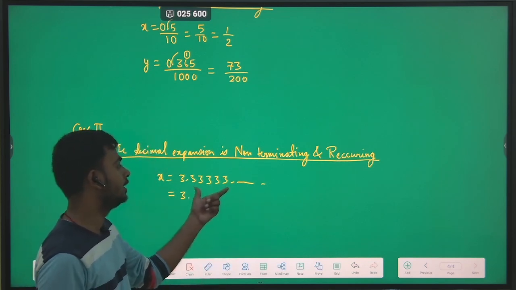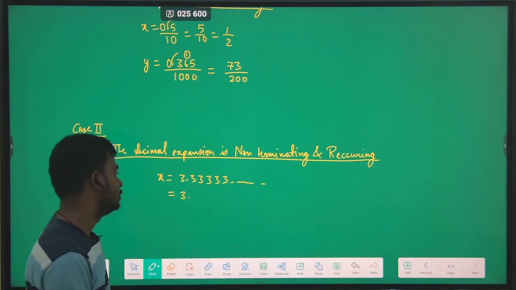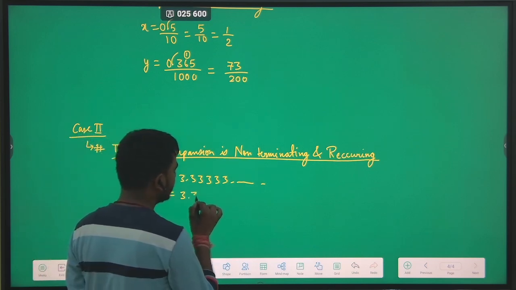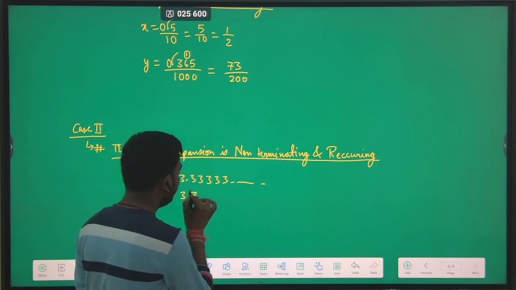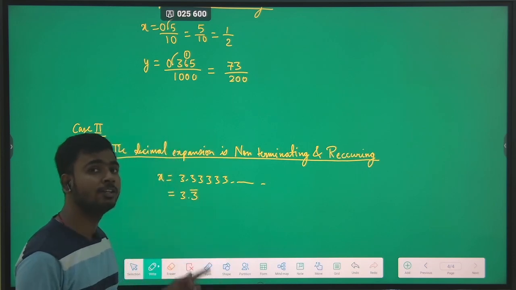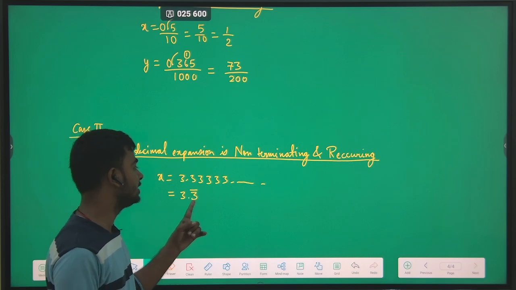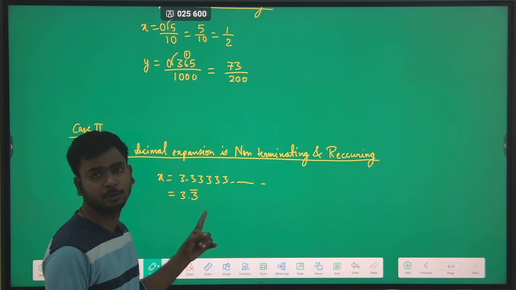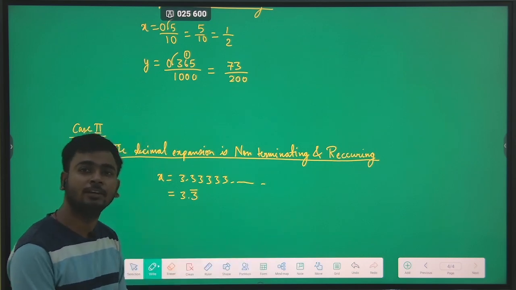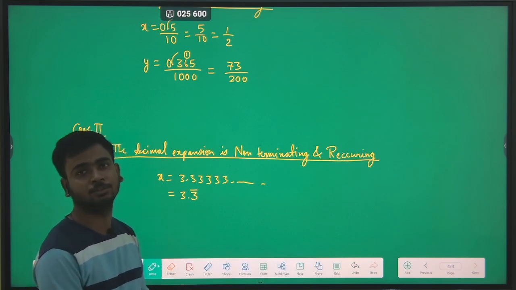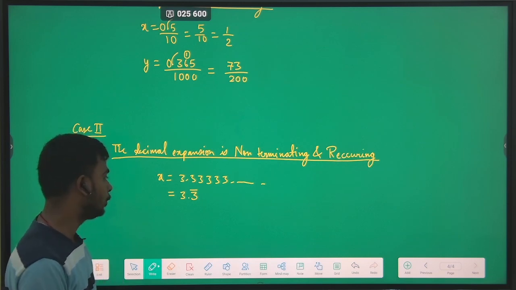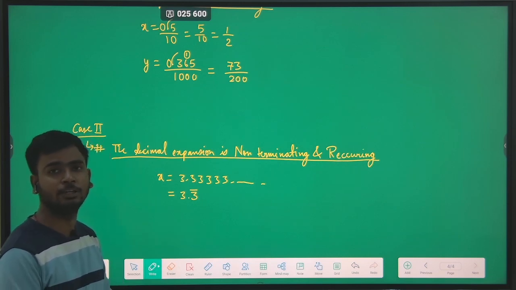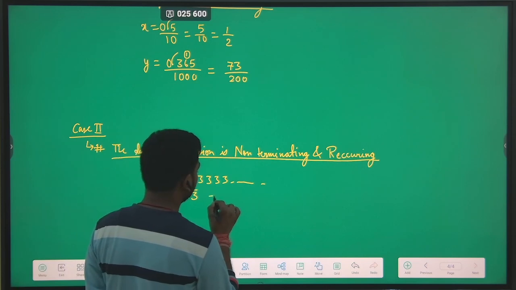We see here that 3 is getting repeated. So we will mark this 3 as one digit and make a vinculum or a bar over 3, which means that this 3 after the decimal point is going to be repeated an infinite number of times. So this x can also be represented as 3.3 bar, or 3.3 vinculum, or as 3.3 with a dot.